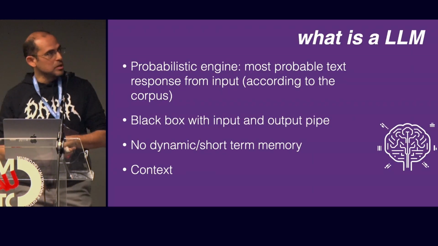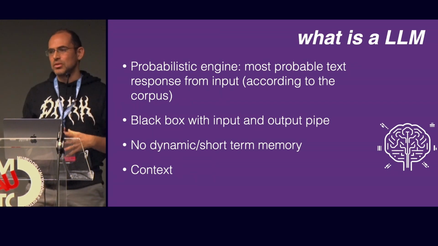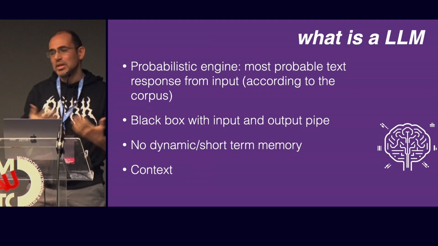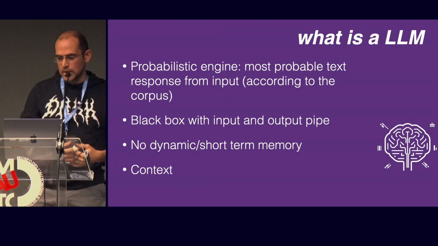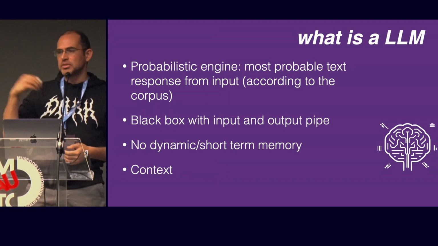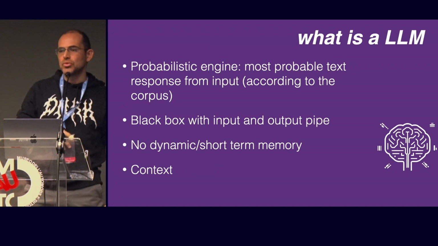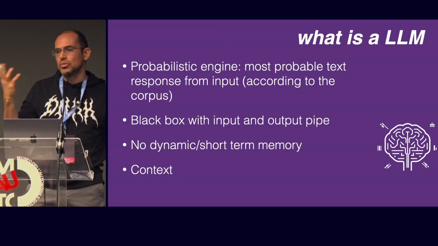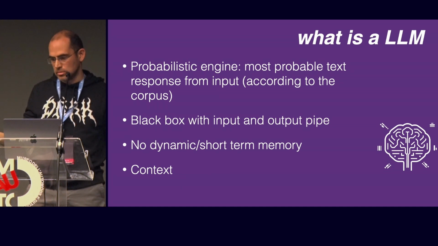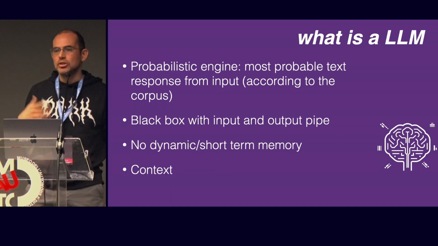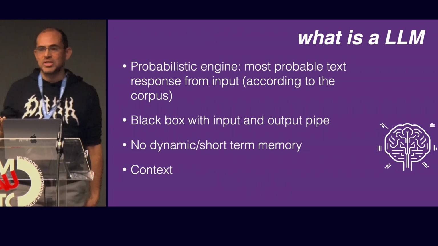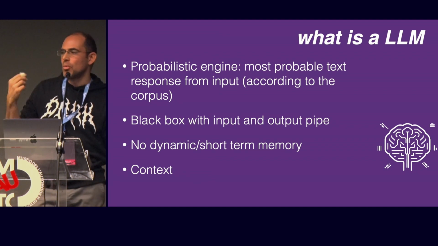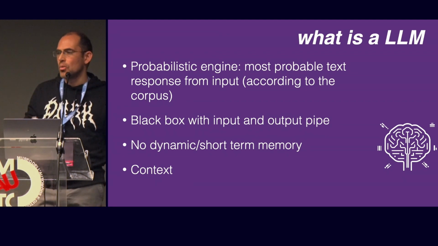Before going on, we are trying to understand what a large language model is. It's a probabilistic engine that you feed with some text, and it answers with the most probable response that it could write. According to what? According to the corpus, all the text the language model was fed when it was trained.